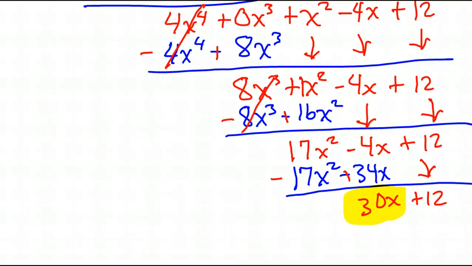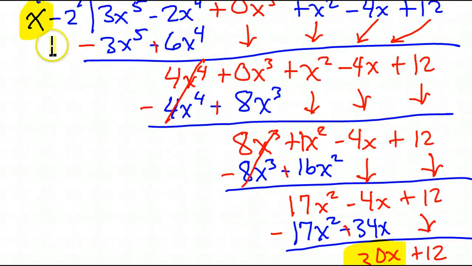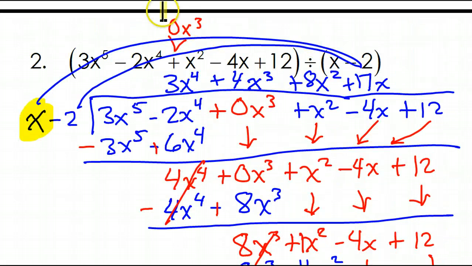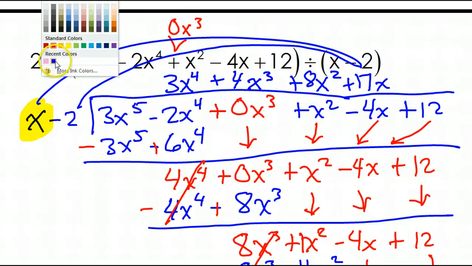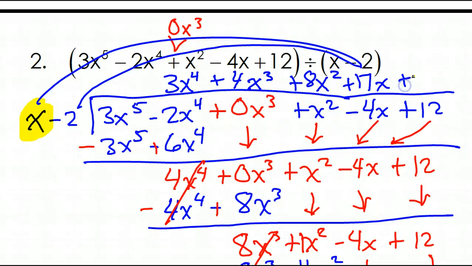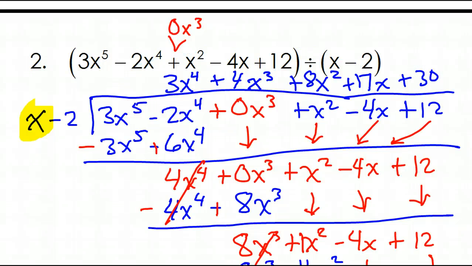All right, so 30x. So now I'm asking myself, x times what will make 30x? Well, that's 30. X times 30 will make 30x. So it's time for a 30 up here. Okay, so plus 30.